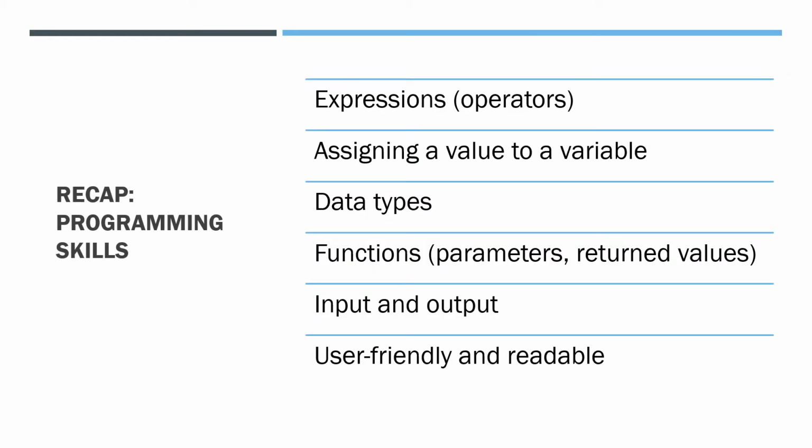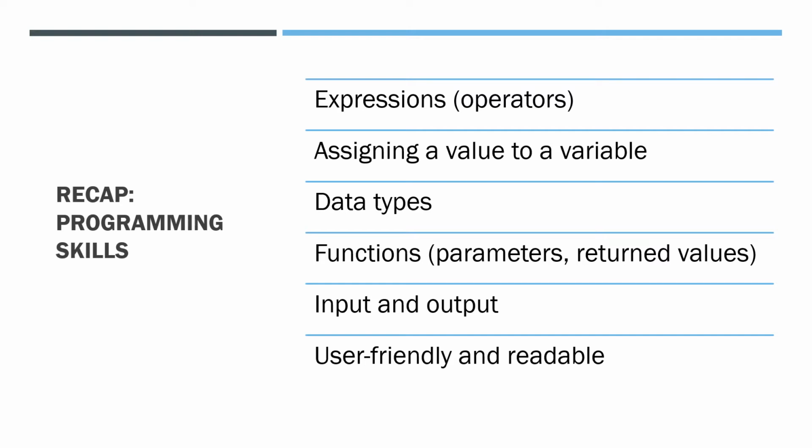Programming skills that you've learned fall under a number of categories. You've learned to create expressions, both numerical and string expressions, and use arithmetic operators. You've learned how to use the equal sign to assign a value to a variable using the form variable equals value.